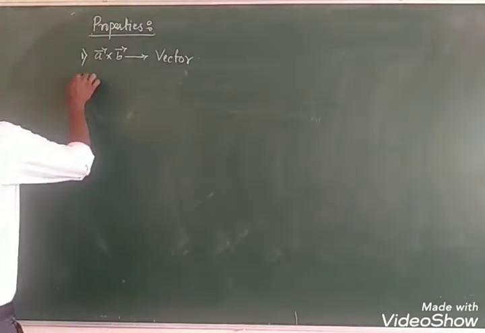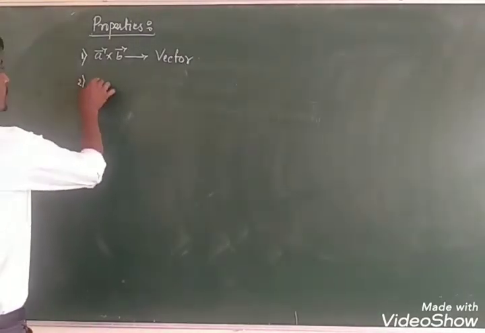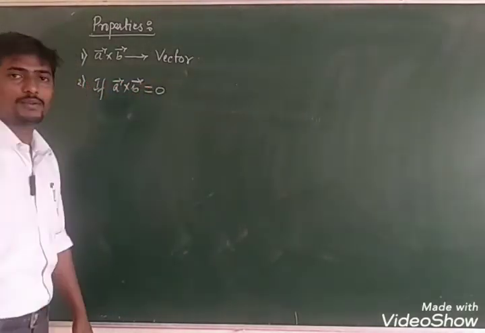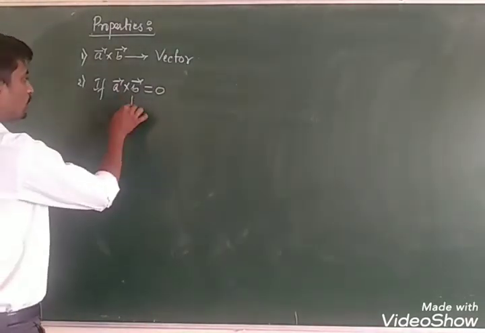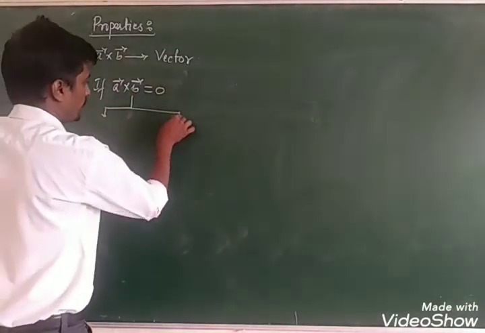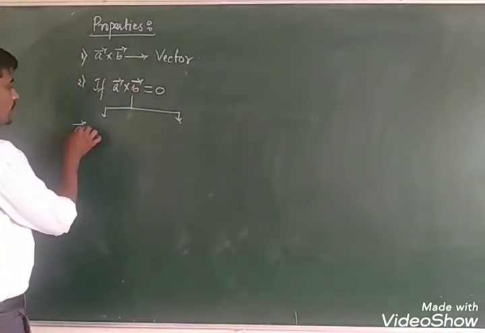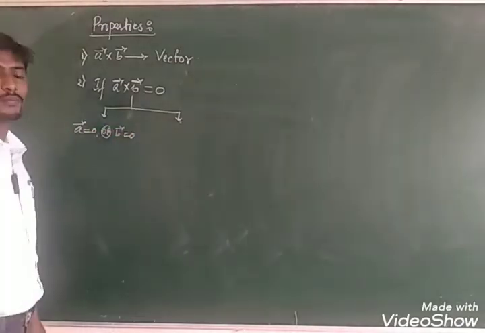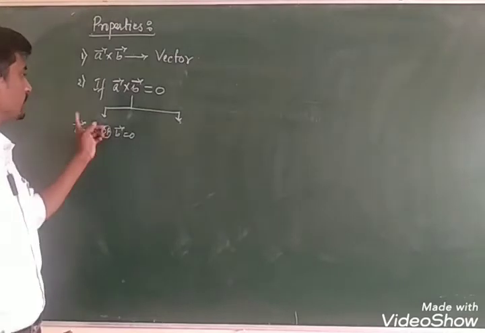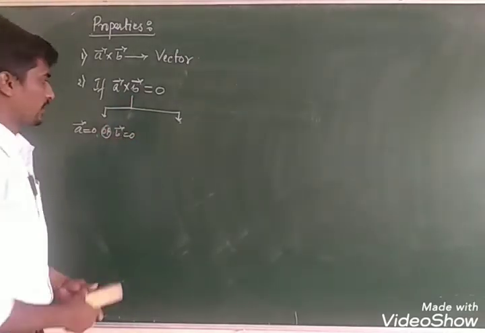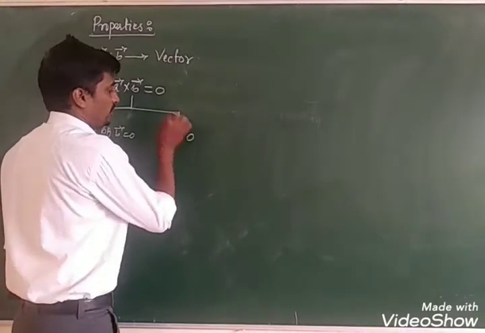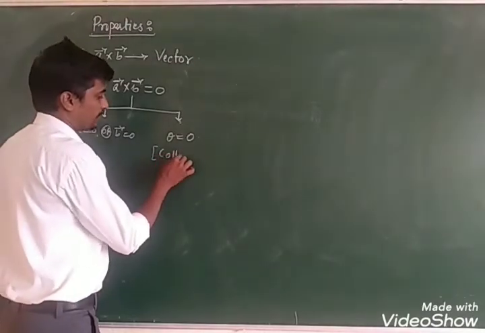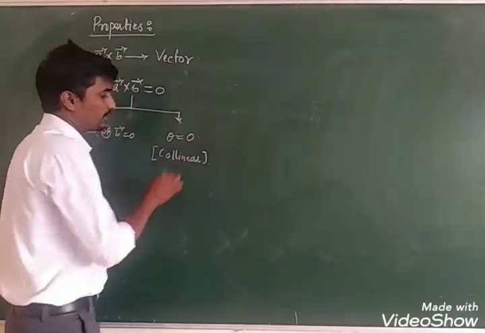Property number 2: if A cross B is equal to 0, then we can have two possibilities. Either A is equal to 0 or B is equal to 0. If any one of them is 0, then definitely it is 0. Otherwise, theta is equal to 0, which is the collinear property.